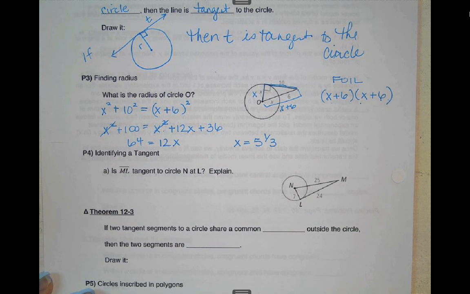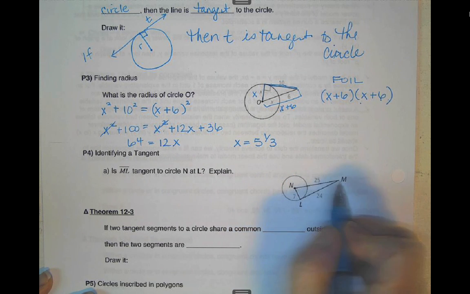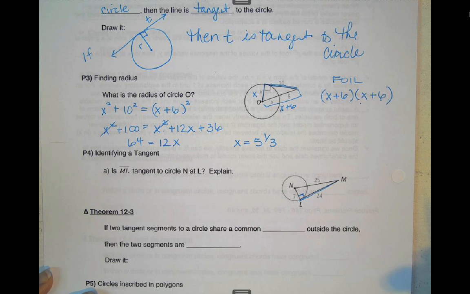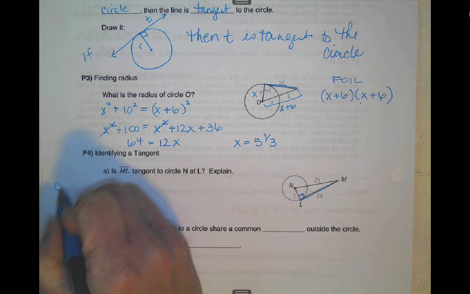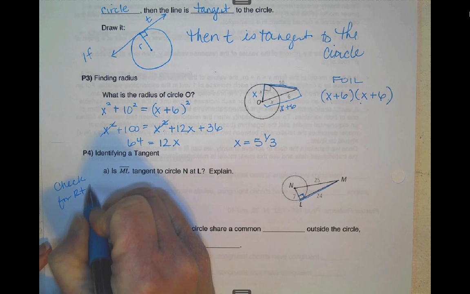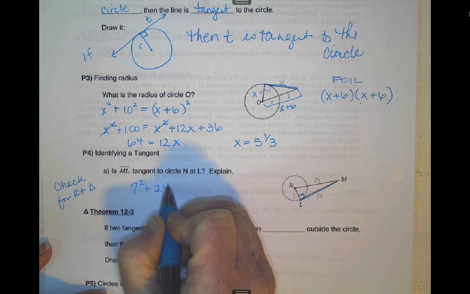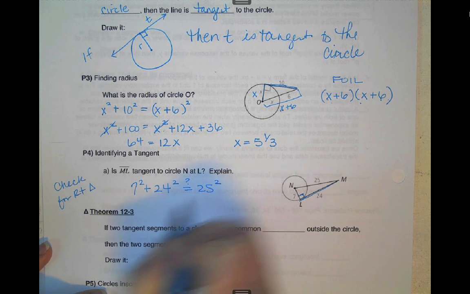Sometimes you need to identify if something is tangent. So the only way that this line right here would be tangent is if this is a 90-degree angle. And if that's a 90-degree angle, then the Pythagorean theorem should work here. So basically what we're doing here is we're checking for a right triangle. So I do the 7 squared plus the 24 squared, and I'm checking to see is it equal to the 25 squared.